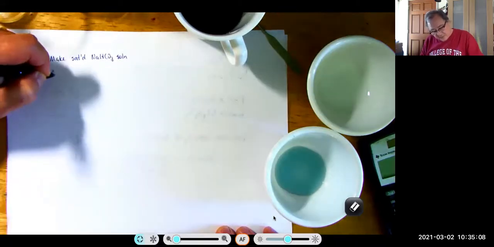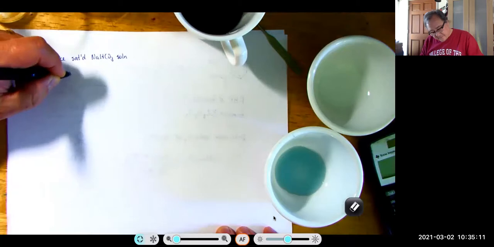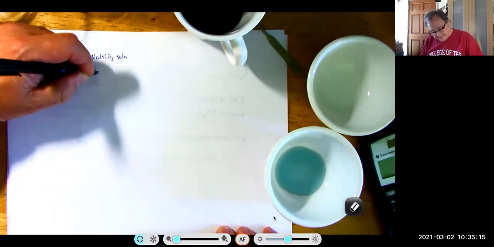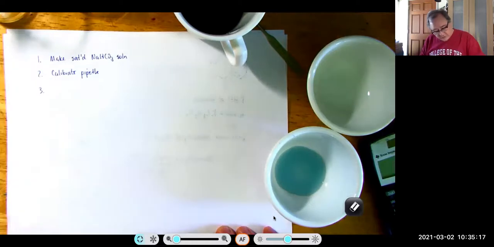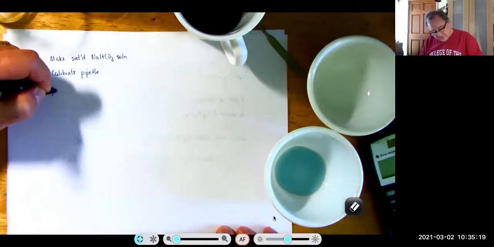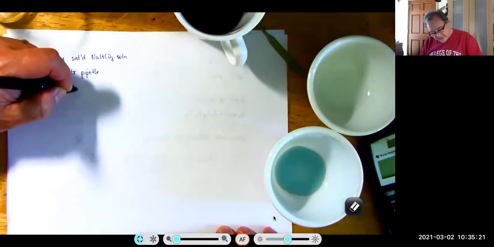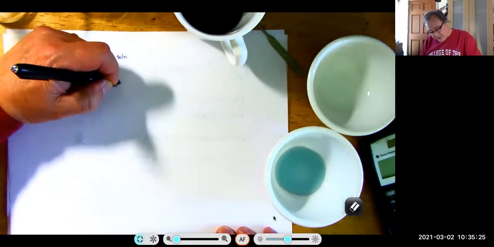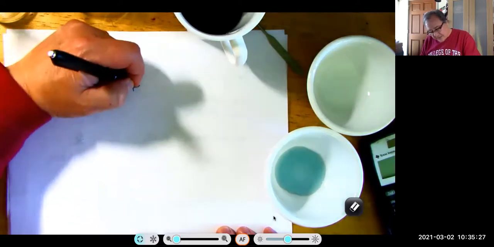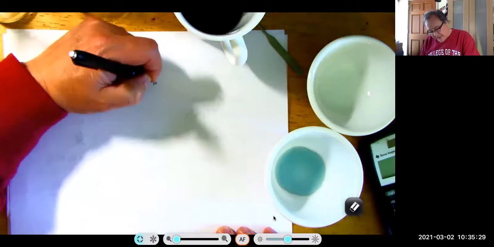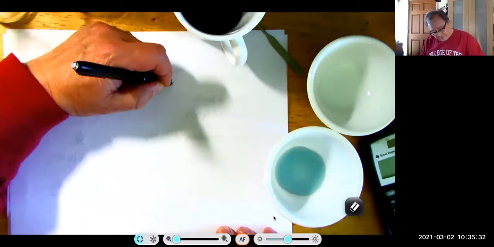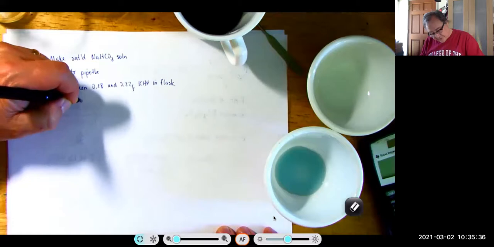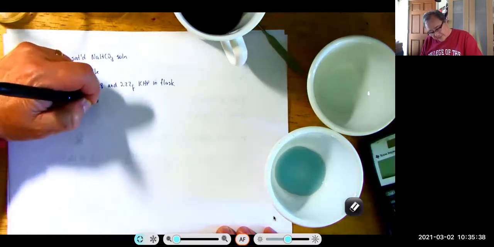We're going to calibrate the pipette. And we're going to put between 0.18 and 0.22 grams of KHP in a flask with 10 drops of the cabbage indicator.